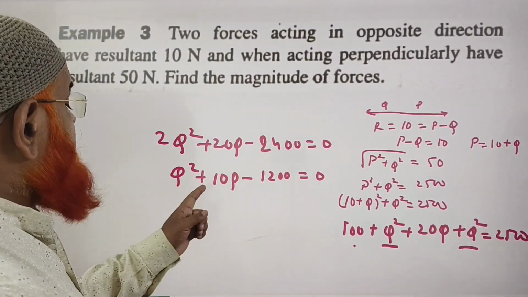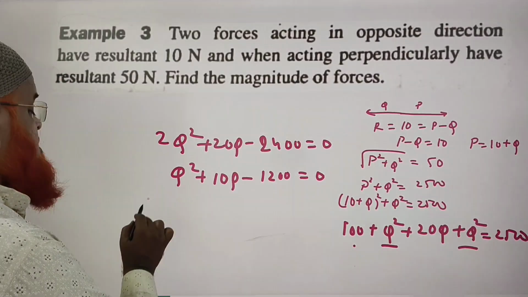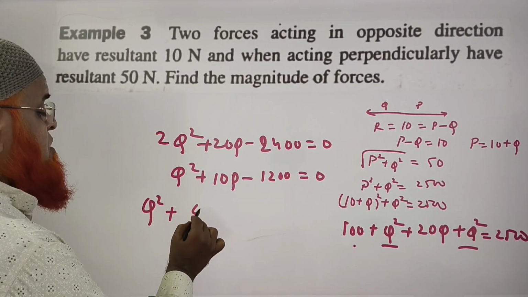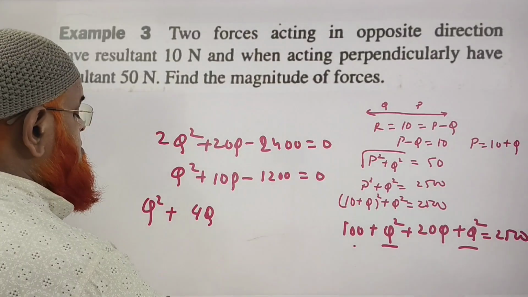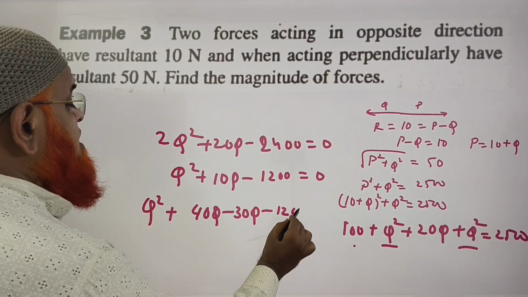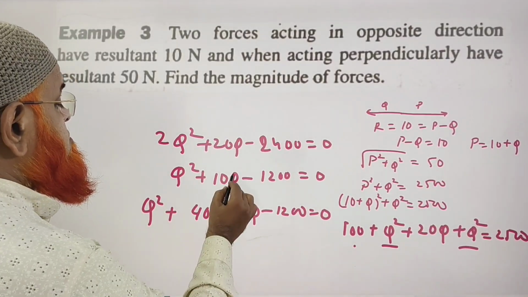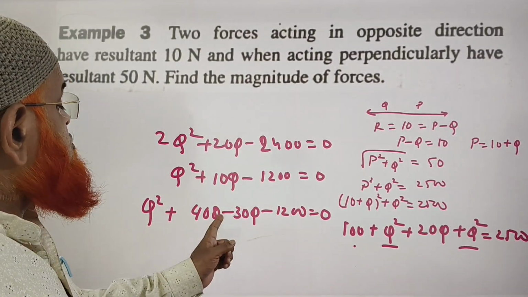can we write this as 40 into 30? q square plus 10q minus 1200 is equal to 0. See, 40q minus 30q is equal to 10q, so the difference gives you 10q and the product gives you minus 1200.